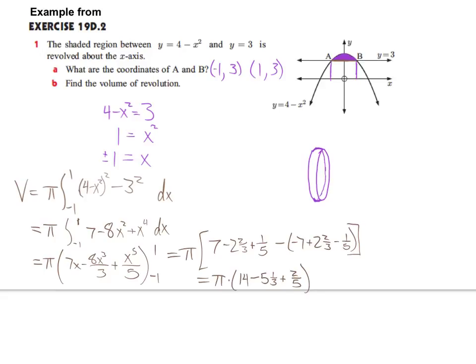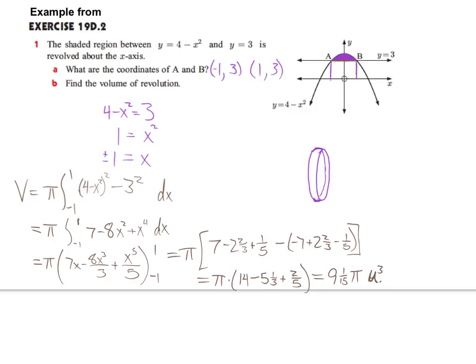Now we just have to simplify. That's 8 2/3 plus 2/5, which is 8 10/15 plus 6/15, so that's 9 1/15. So 9 1/15 pi, in cubic units, whatever the units are.